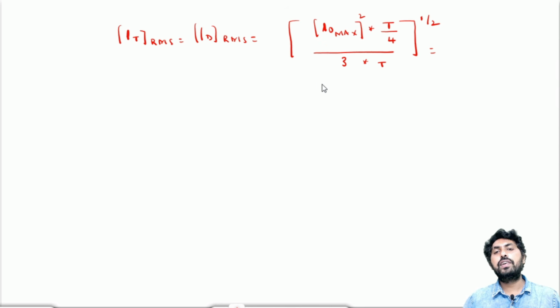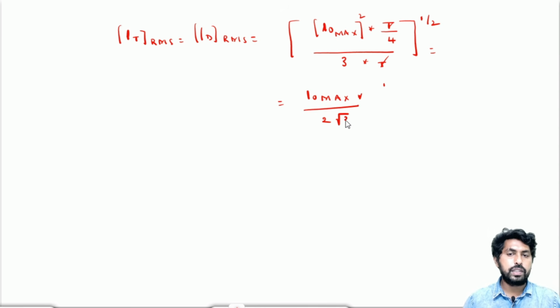Which is equal to I naught max divided by I naught max into T, and T will get cancelled, which is 1 by 2 root 3, I naught max divided by 2 into root 3. So this is where we will get the IT RMS value.